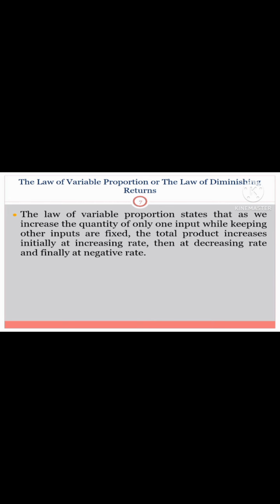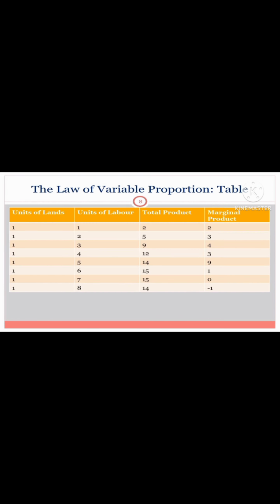And the law of variable proportion has three stages: increasing and decreasing rate, and then negative. The table shows that there are two factors, labor that is rising and land is fixed. At first, the overall production appears to be increasing, but eventually it begins to fall.